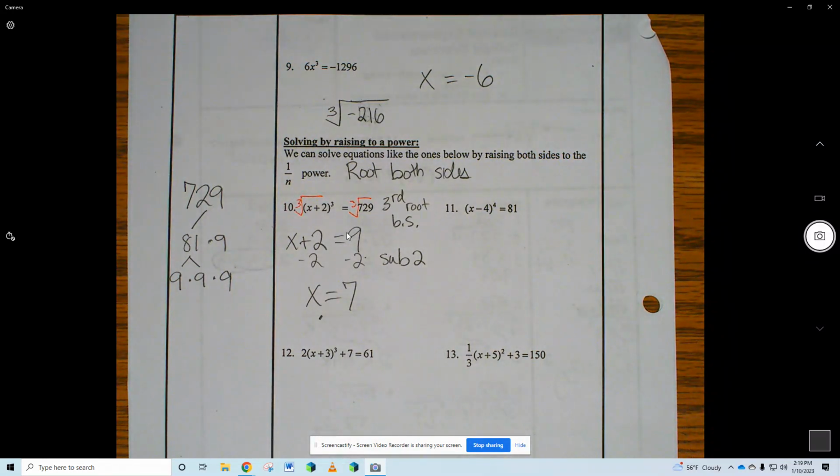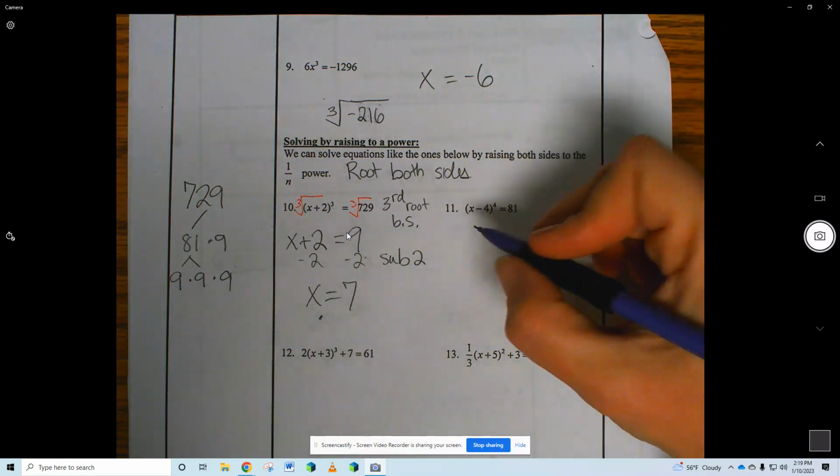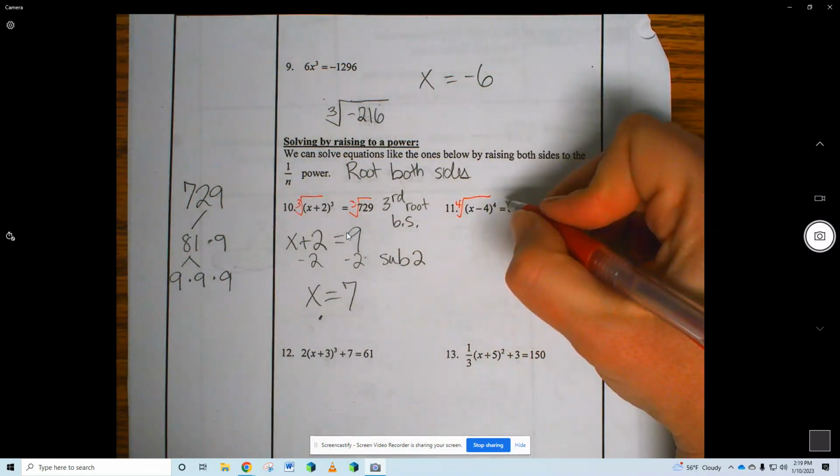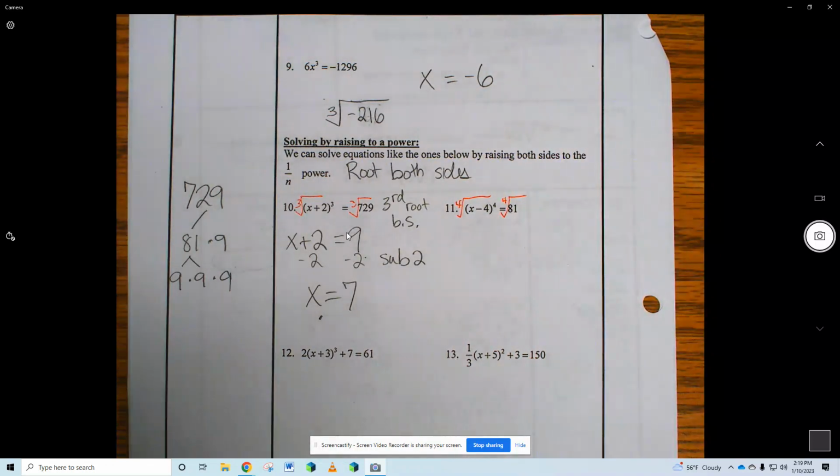X is equal to plus 7, or X is equal to negative... All right. Negative 1 minus 4 is equal to plus 4. Okay. Oh yeah, 1.